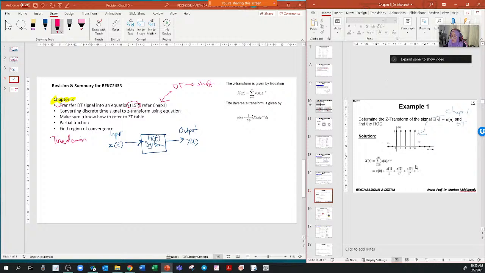So how you write this is as normal, what you did before. x[n] is equivalent to, your amplitude is 1, so I'm going to write the n. Plus n minus 1, plus n minus 2.